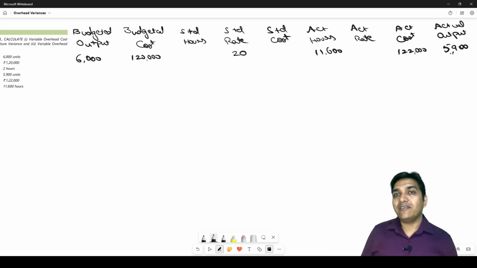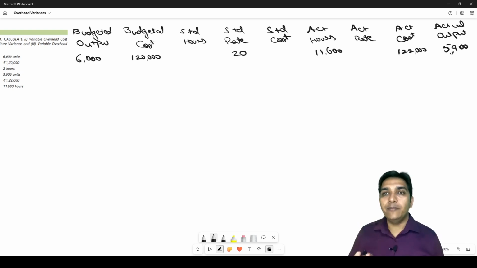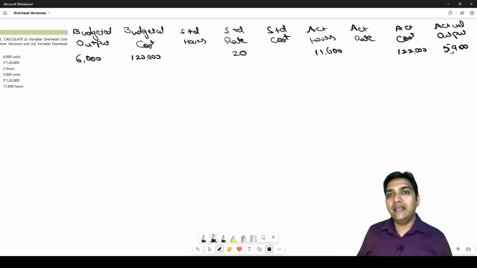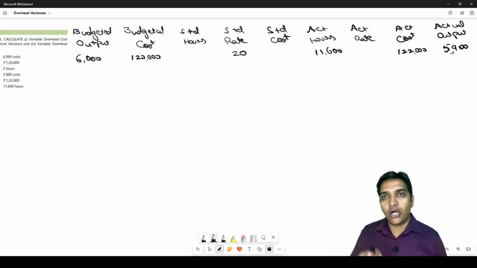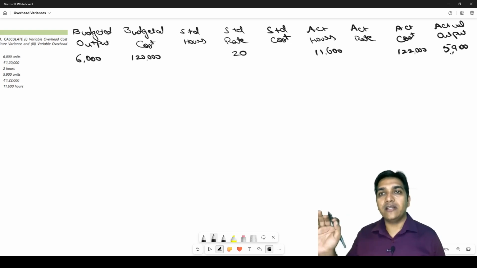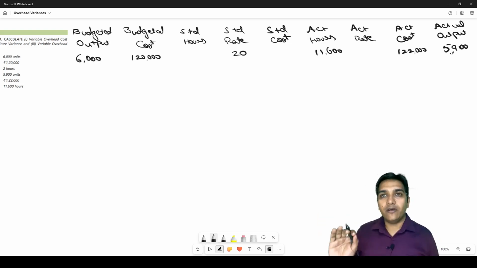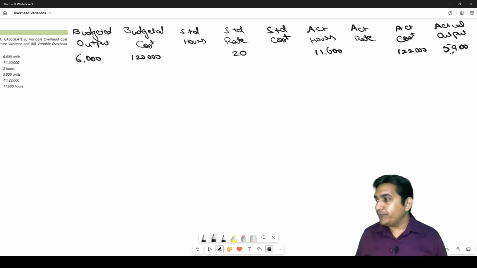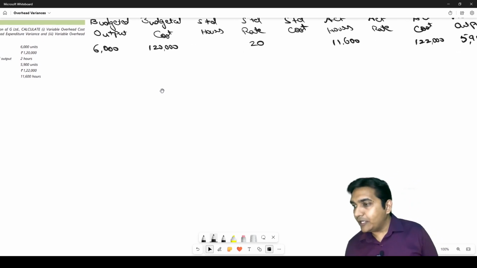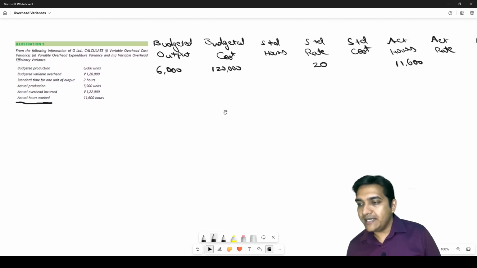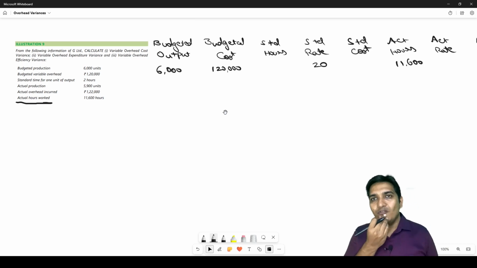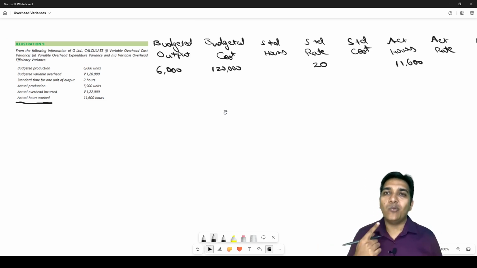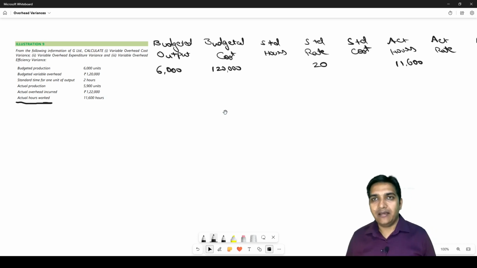Now, we have captured all the information which is available in the question. Now we will fill in the information which is not in the question, however it is required for us to compute our variances. So what is left out? Standard hours. So how do we calculate standard hours? The question says that the standard time to manufacture one unit is 2 hours, right?